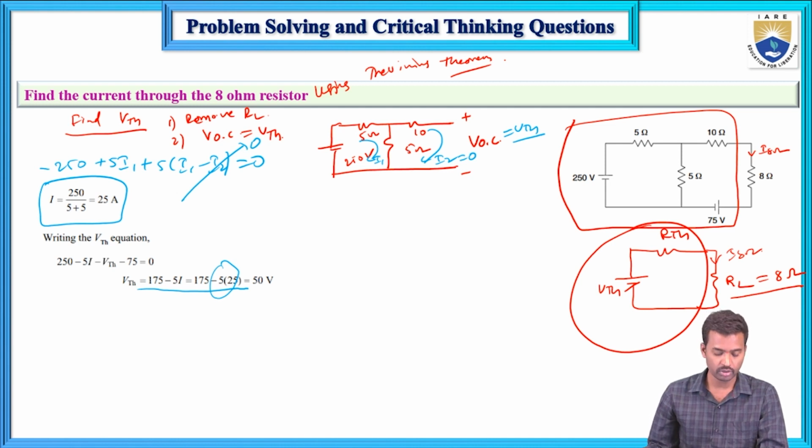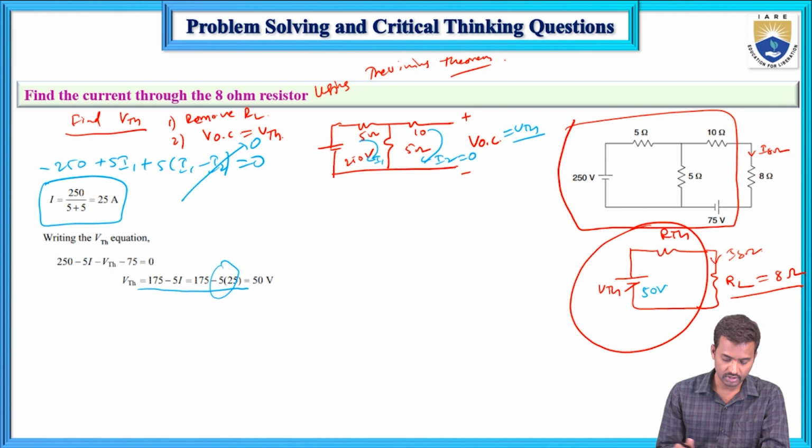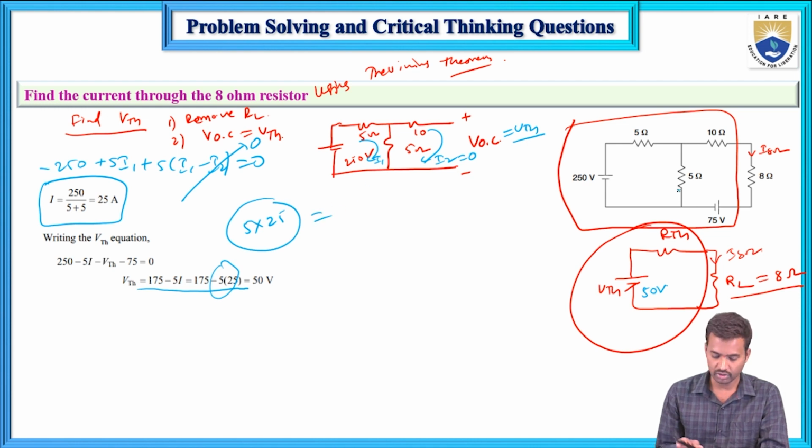So this one is 50 volts. Now what about the RTH? Sorry, there is a mistake in this. 5 into 25, this current, equals 75. Sorry, this 75 is also not right; there is a 75 volts source, I forgot.